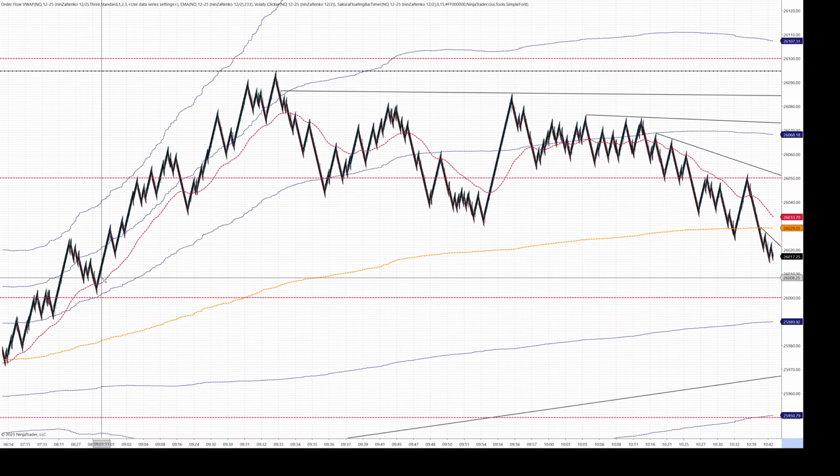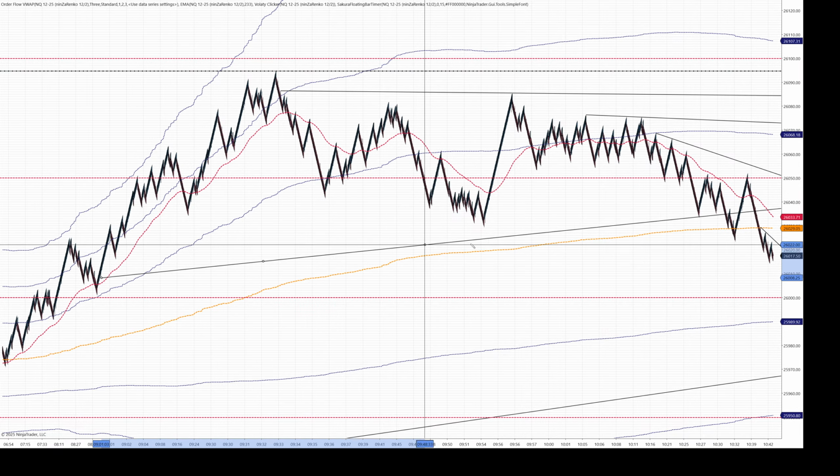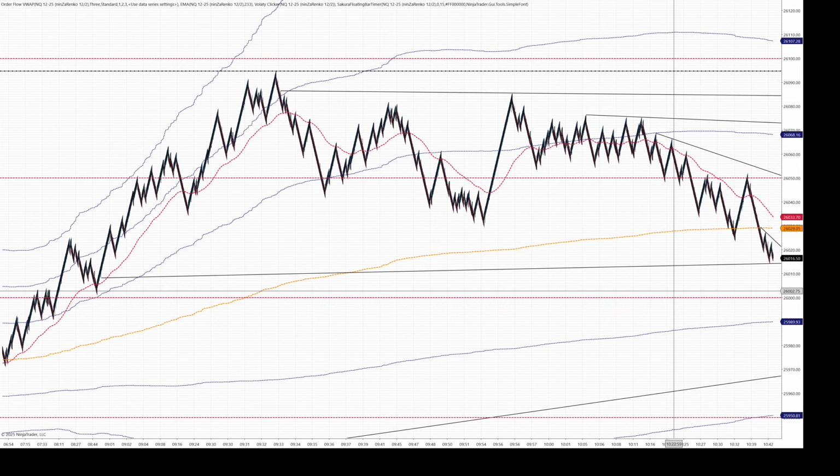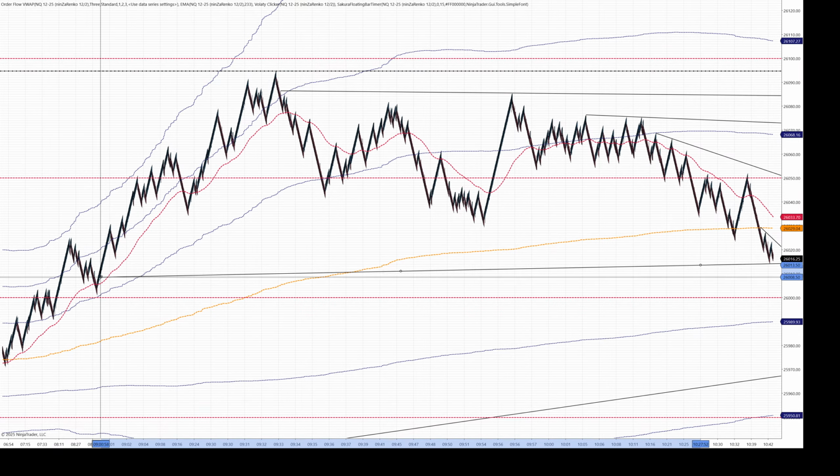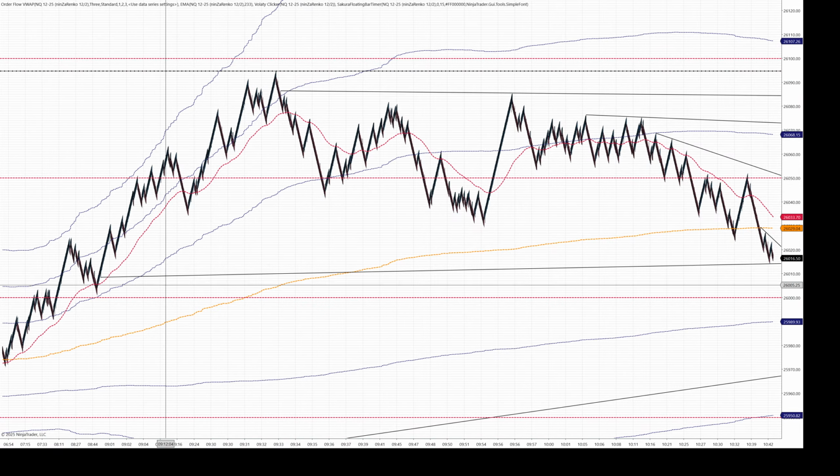So the next level is this wick here. Let me connect it real quick. It's really hard to see when the candles are that small.